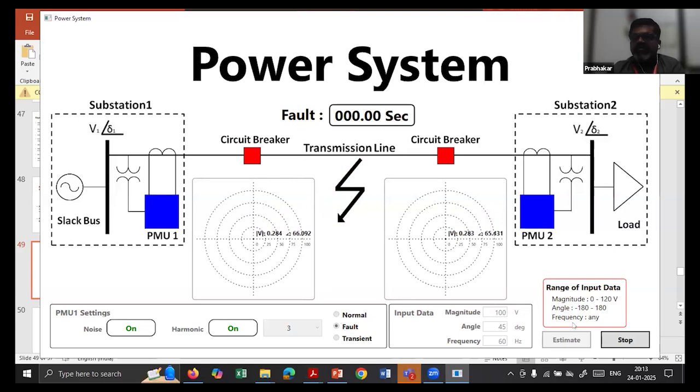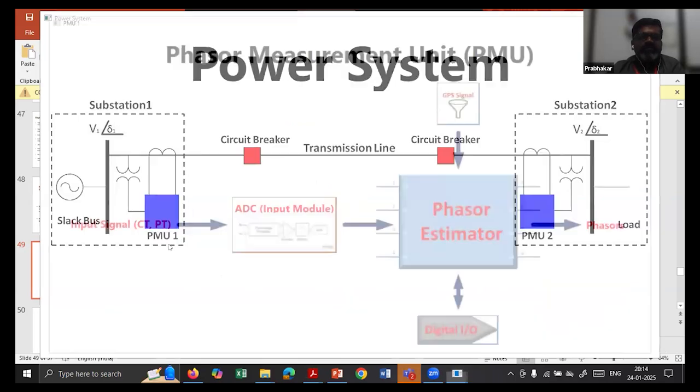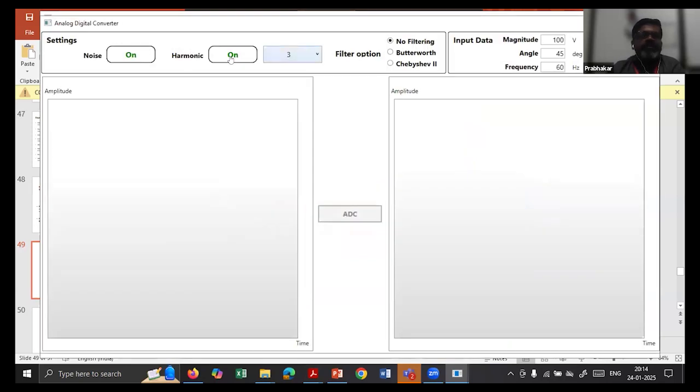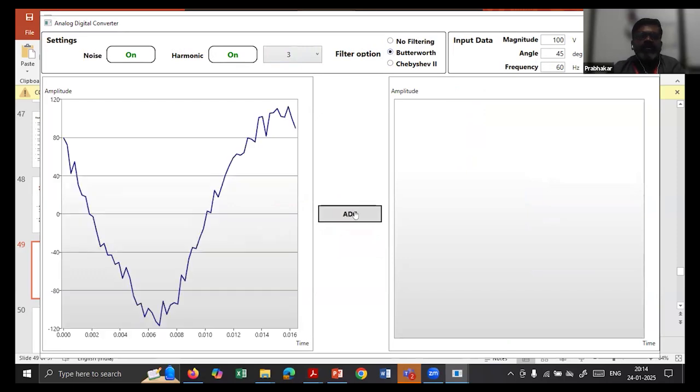So you can change this magnitude, angle and frequency accordingly. This voltage magnitude and angle will change. So this is one thing. Then if you click PMU, this shows the subsystems available within PMU, and in this, the ADC section, which has filtering, whatever type of filter you want, accordingly you can select, so that it will generate such a waveform.